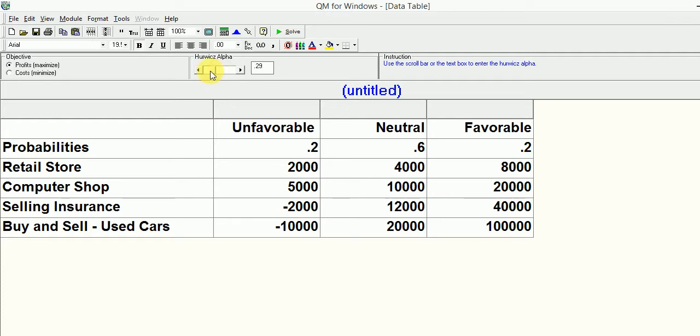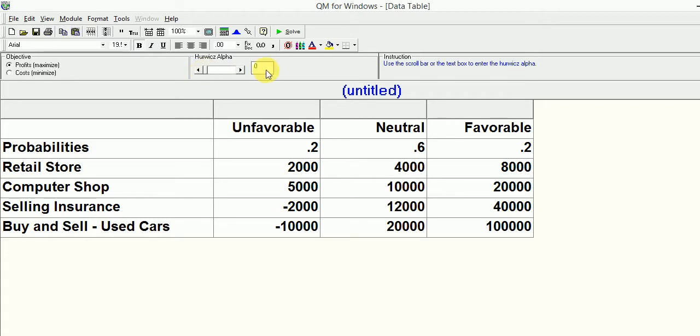Let's just put it as 0 and let the decision analysis choose which alternative is best. But again, Hurwicz Alpha tells you how confident you are with the data. So either you put it at 0, it will be ignored.